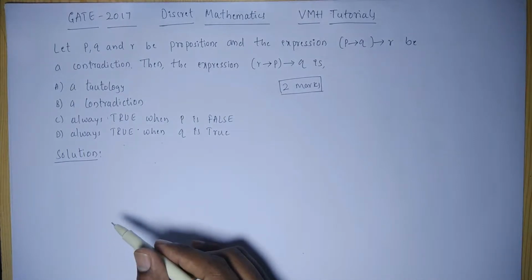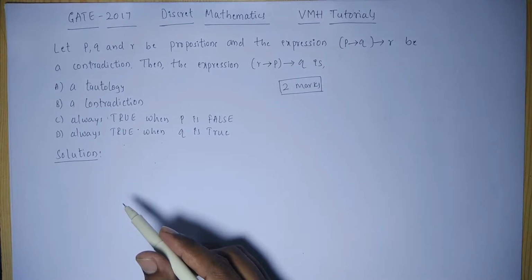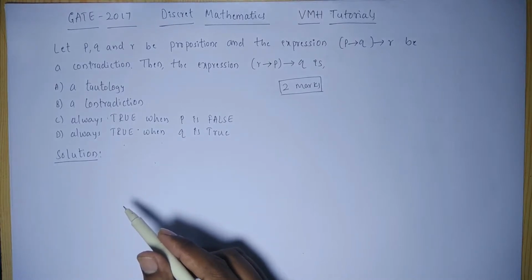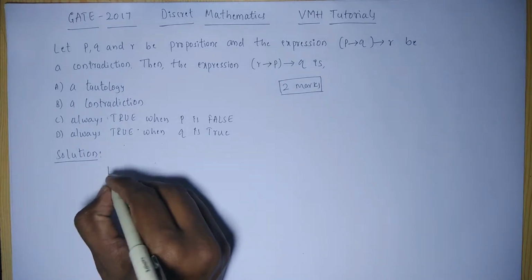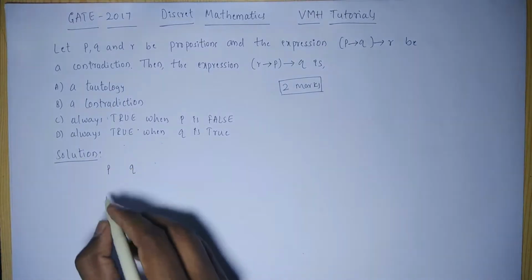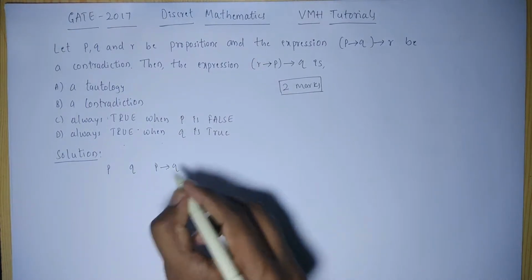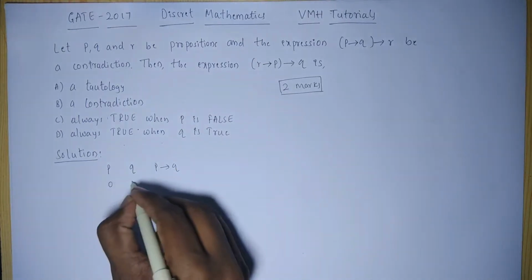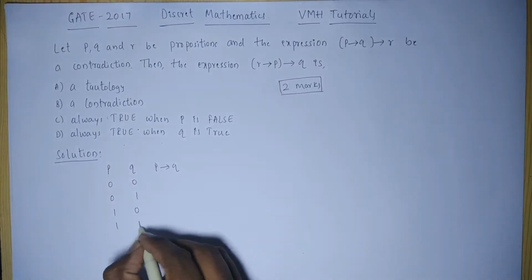Solution. The given expression has all implications. First, we must know the truth table of implication. If P and Q are propositions, for P implies Q the possibilities are 0 0, 0 1, 1 0, 1 1.